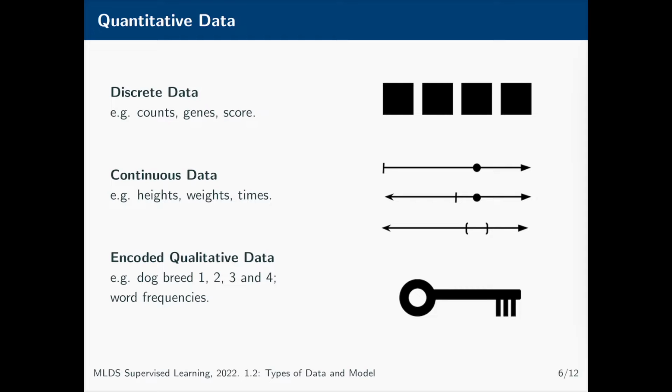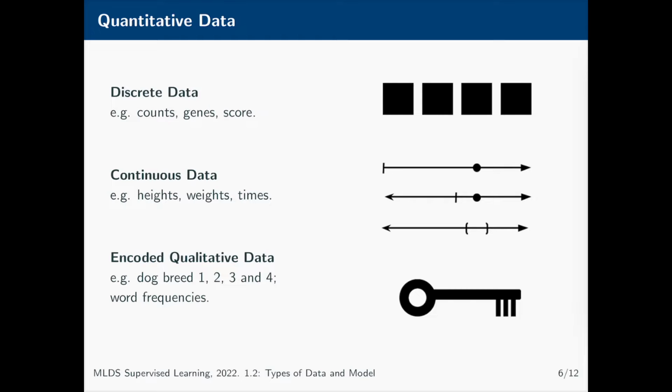You might have 24 rabbits in a field, you might have a certain number of genes expressed within a genome, or you might score a certain percentage on a test. Alternatively, we might have quantitative data that are continuous, that are defined on a continuum. So these might be, for example, heights, weights, or times. These might be defined on the positive half line, the entire real line, or they might even define intervals within that.